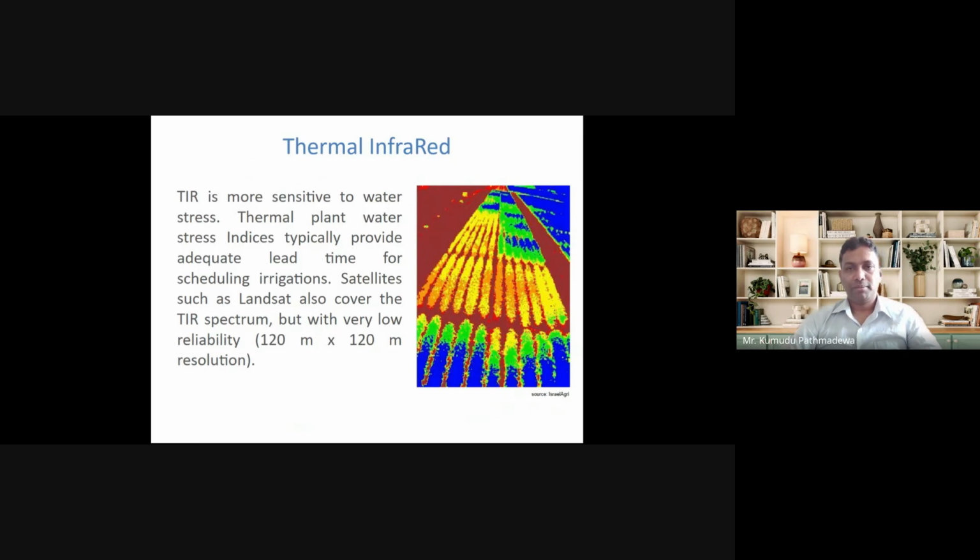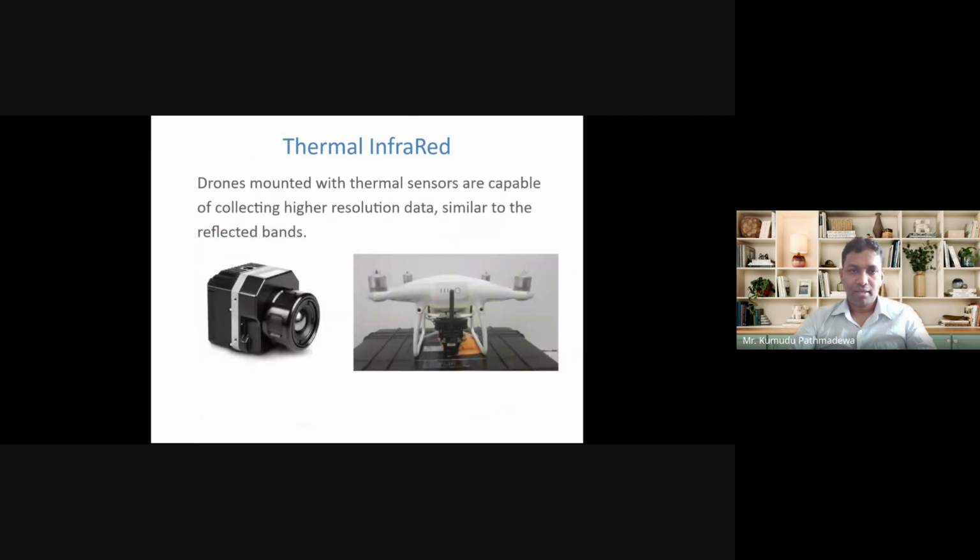Therefore, there are drone cameras with thermal sensors. The farmers use those thermal cameras, and they can get thermal images like this one. Thermal sensors can also be used to study soil properties.